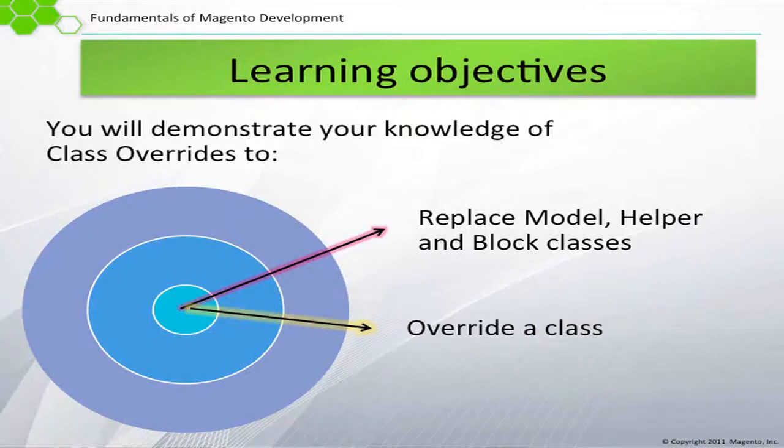Well, the reason you don't have to do that is because of the ability Magento gives you to override other modules' files. The ones we'll learn about right now are overriding models, helpers, and blocks.